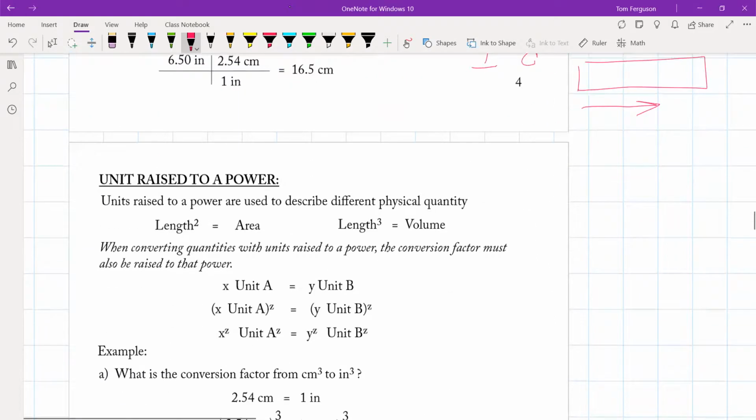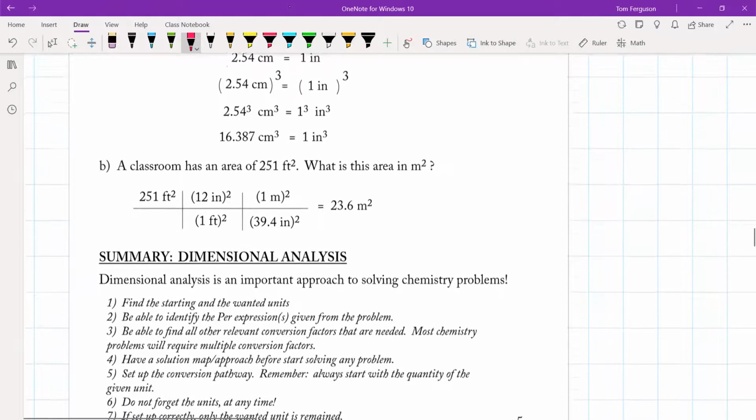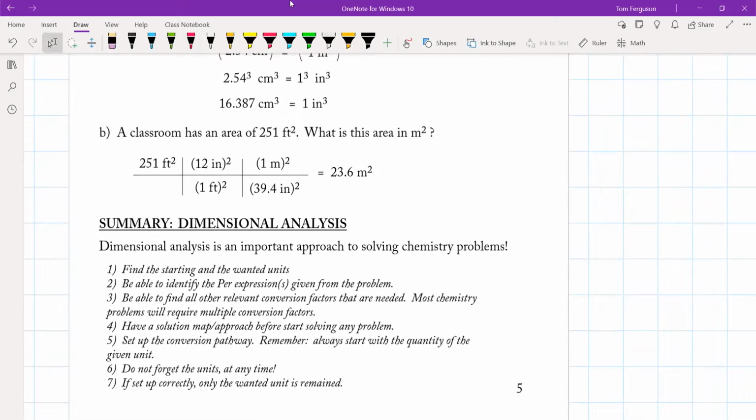What happens when we're going along 2 axes? For example, going from square feet to square centimeters. That requires a different conversion.